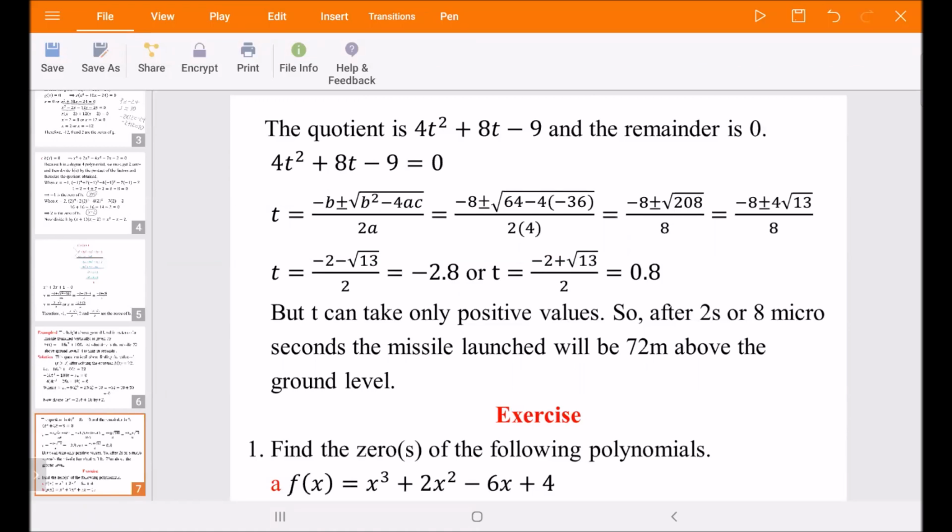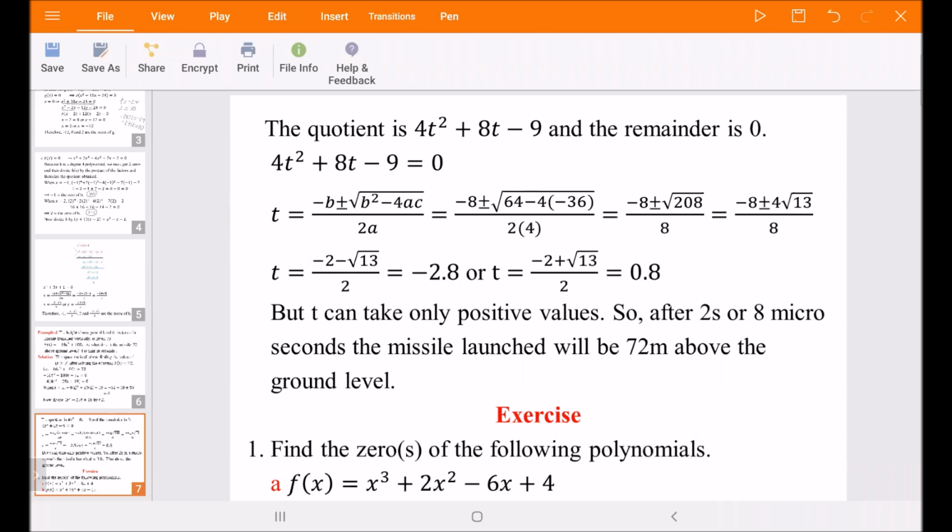The result is minus 8 plus or minus the square root of 8 squared, that is 64, minus 4 times 4 times minus 9, which is positive 144. 144 plus 64 is 208. And the denominator is 2 times a, because a is 4, 2 times 4 is 8. So minus 8 plus or minus the square root of 208 over 8 is obtained.